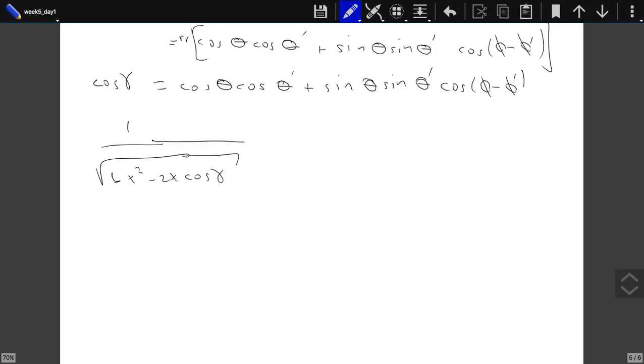They are complete, so just like in Fourier series you can write any periodic function in terms of sine and cosine, any function of the angles theta and phi you can write in terms of the spherical harmonics. And you can use their orthogonality to obtain their coefficients.